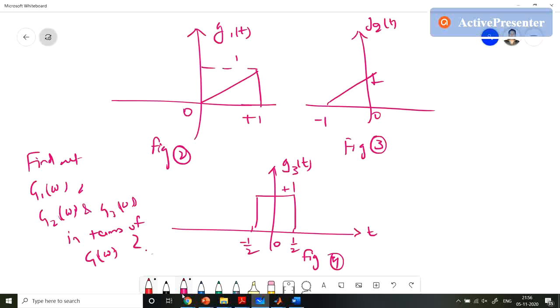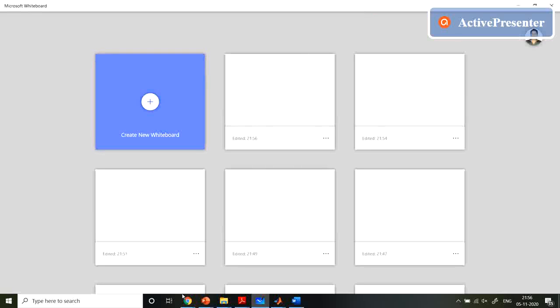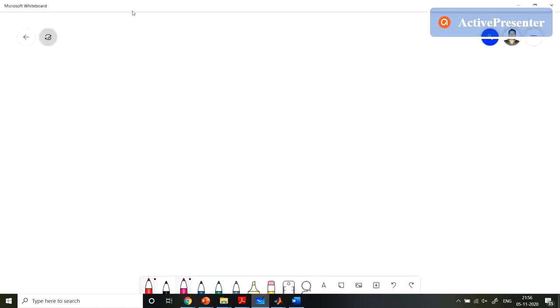So let us solve this problem. First we have to establish the relation between g1(t), g2(t) and g3(t) with g(t). G omega is provided in the question: G omega is equal to 1 divided by omega square, e raised to the power j omega minus j omega e raised to the power j omega minus 1.